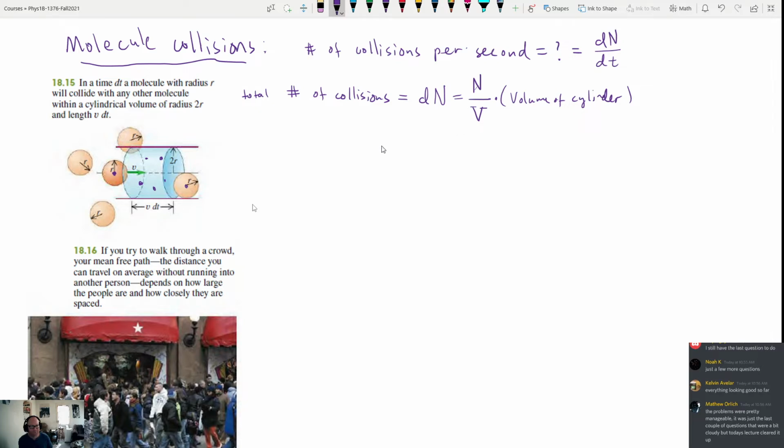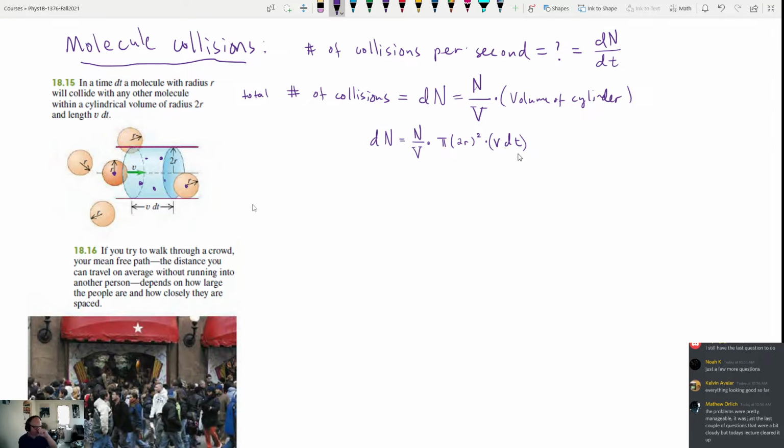So that's going to be this. The volume of the cylinder is going to be the area of the end cap, which would be pi times (2r) squared, multiplied by the length of the cylinder, which will be v dt. Hopefully everybody can see that.